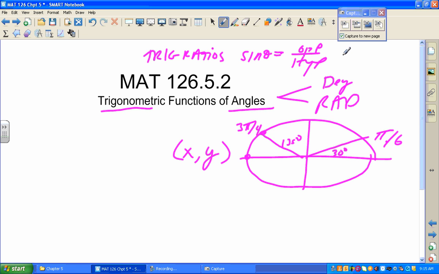And on the unit circle, it equals the, which one, x or y? Y-coordinate. Okay? Right. The SOHCAHTOA is for the first one. The unit circle, x is the cosine of theta, y is the sine of theta. R is equal to 1. Okay? And we also had that, this.